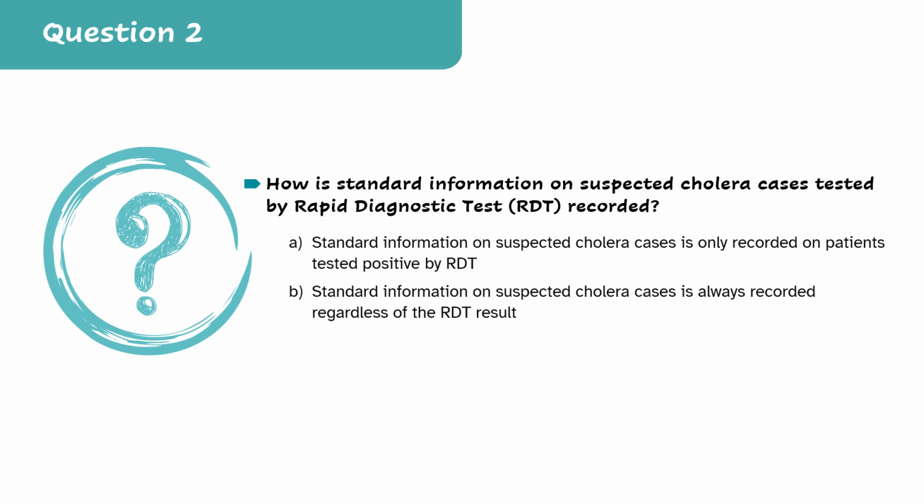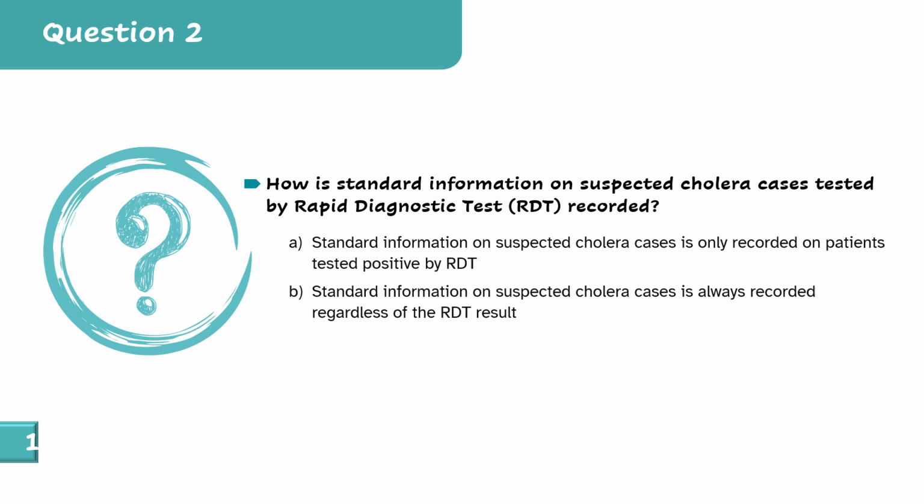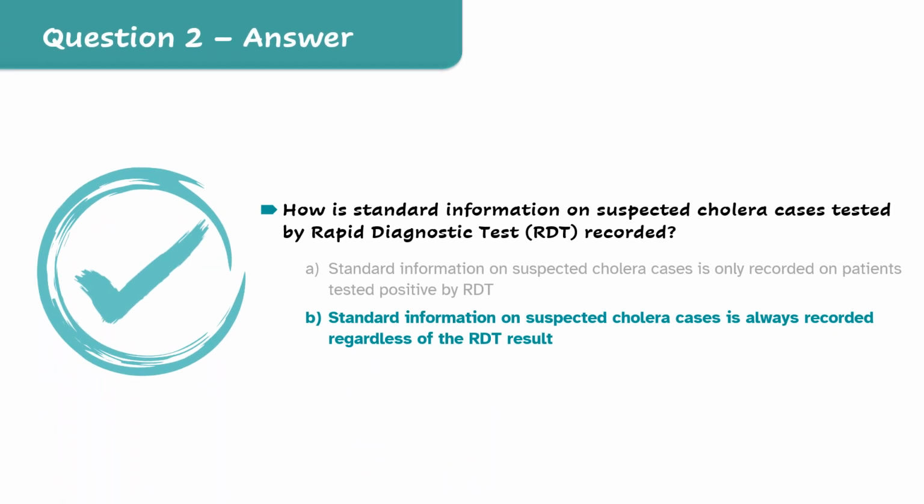B. Standard information on suspected cholera cases is always recorded regardless of the RDT result. The correct answer is B. Standard information on suspected cholera cases is always recorded regardless of the RDT result.